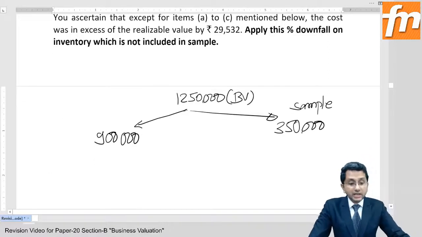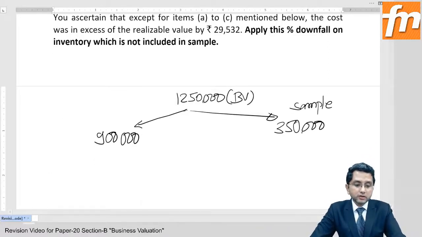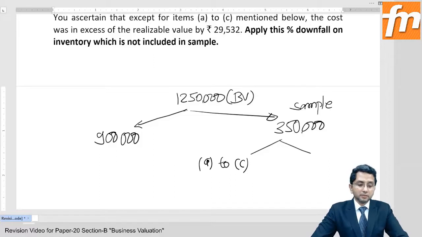So now out of 3,50,000 also, it should be divided into two parts. One is items A to C, which we need to take care of separately. And the remaining should be reduced by roughly 30,000 rupees.